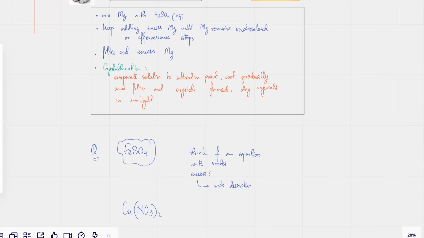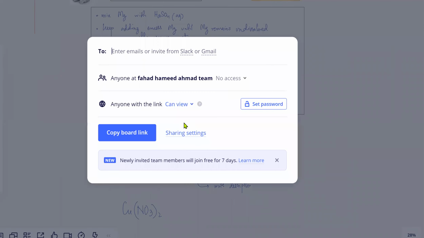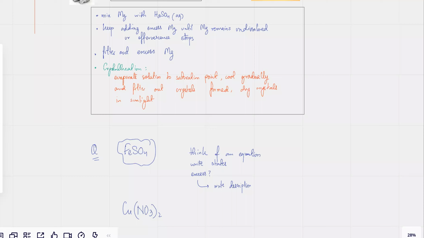Actually, I'm disconnecting here. Send me the answer to this. Copy both of them actually. FeSO4 and copper nitrate. You have to write the whole excess method. I'll share the board link again.